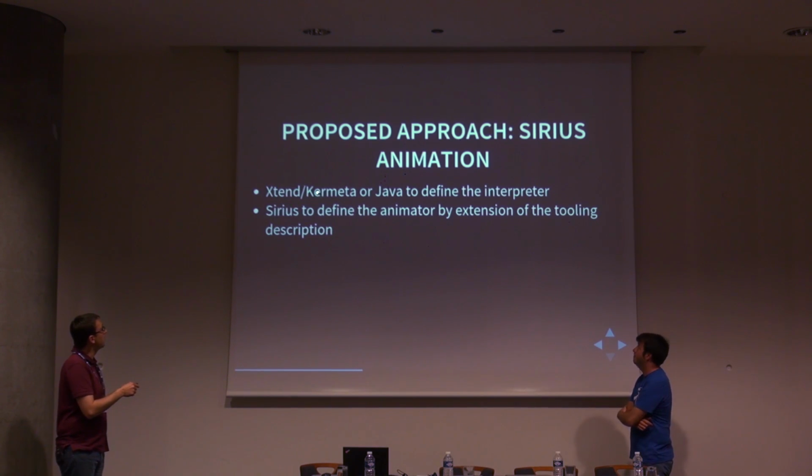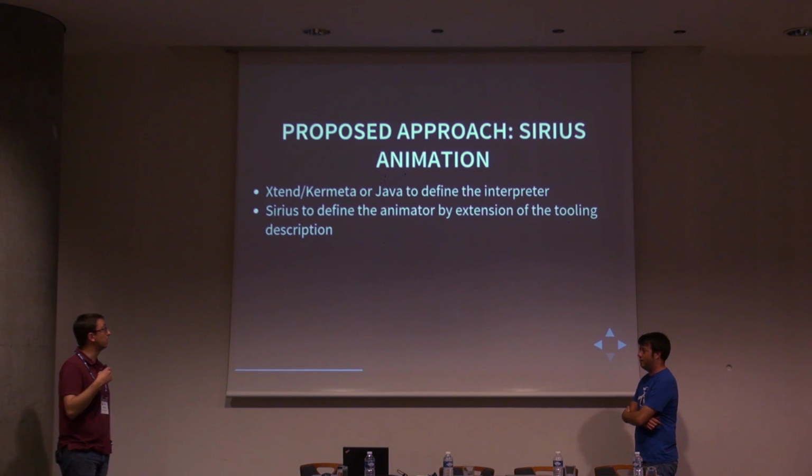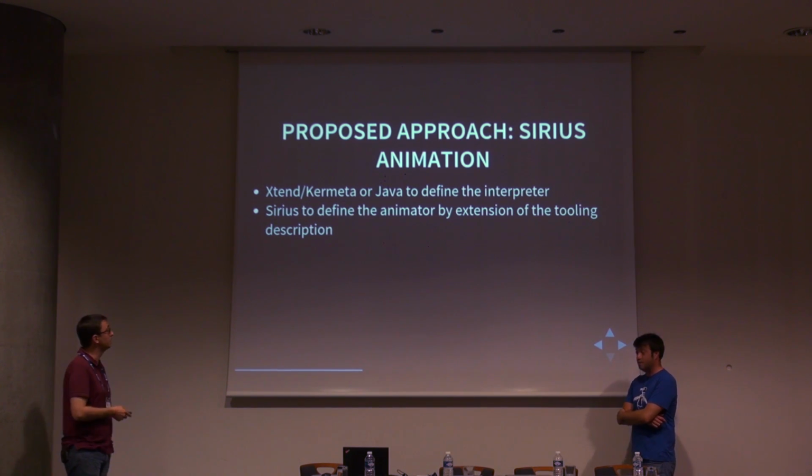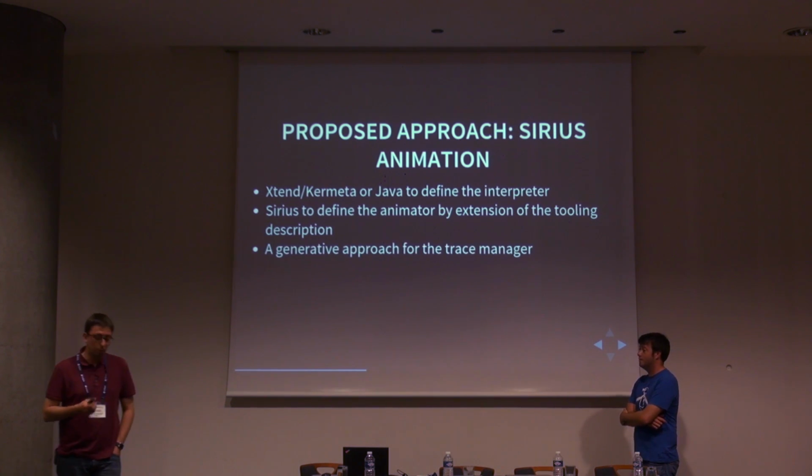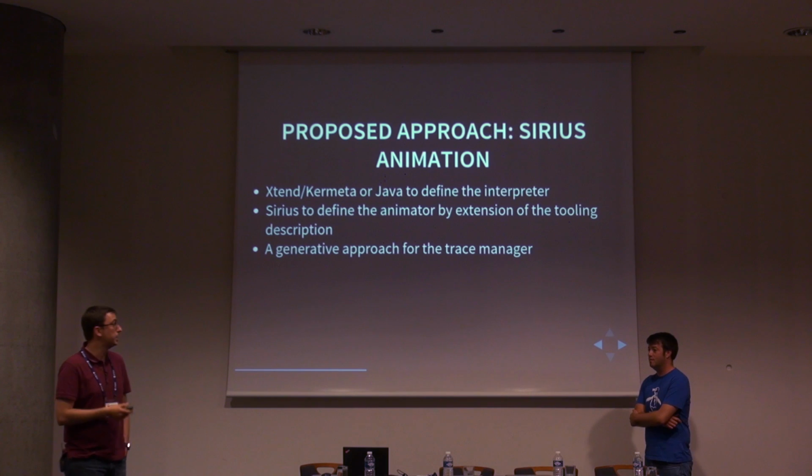As a wrap-up, the Sirius animation that we introduced in this talk is based on the use of Xtend and Kermeta, or directly Java, in order to define the computational steps, the interpreter. And we use Sirius in order to extend the tooling that was defined for the editor in order to provide the animator. From this, we can use a generative approach for generating the trace manager.